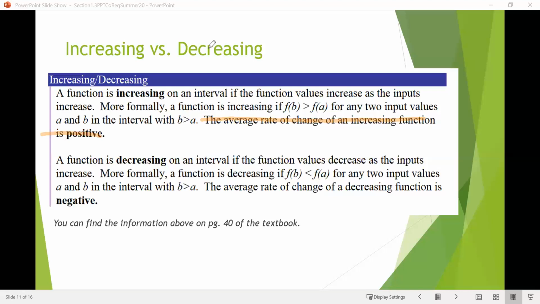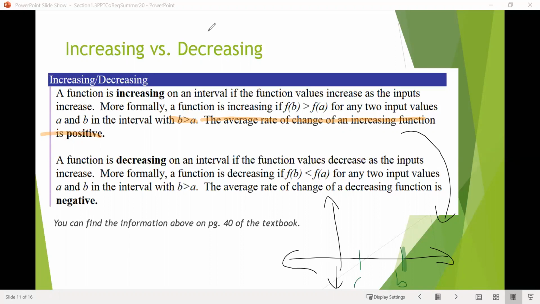Let's also look at what this means visually. This is where I'll use the other part of the definition, so I'm going to draw this down below. Let's say we have a graph that looks something like this. If we're looking at inputs where b is greater than a, that means the value b out here will be larger than the value a back here.